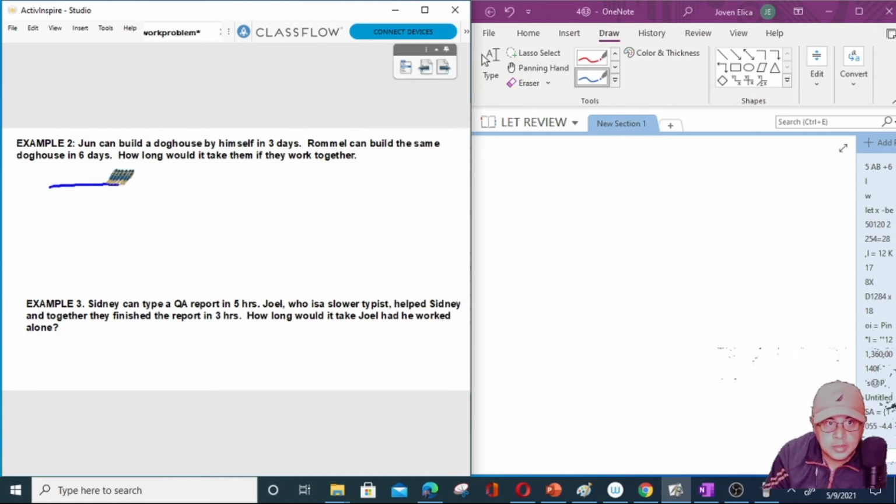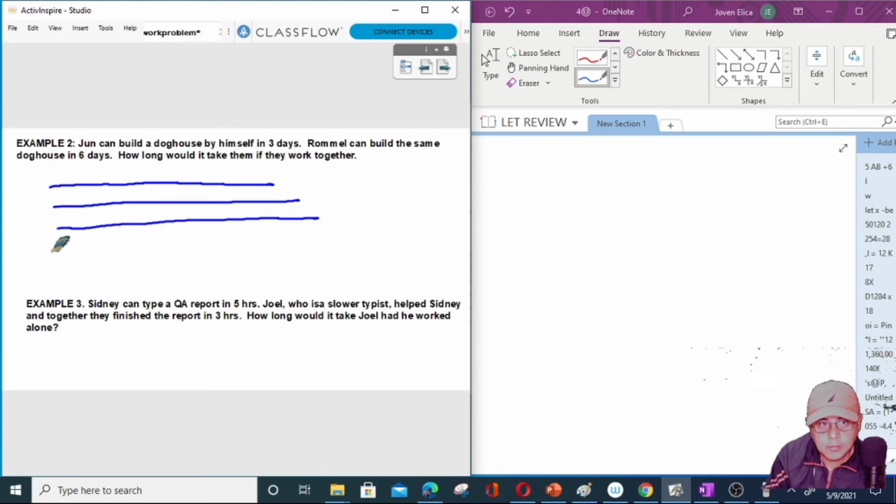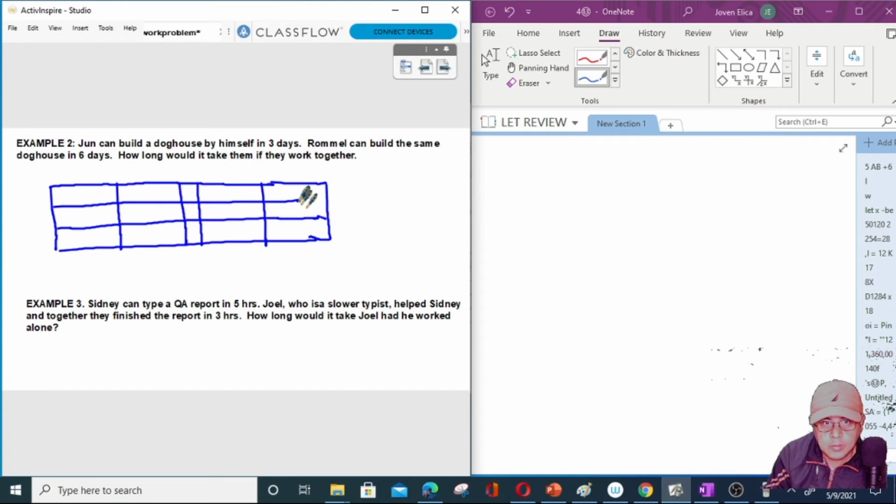Again, let us make a table. The rate multiplied by time is equal to the work. In this case, the persons involved are June and Romel.